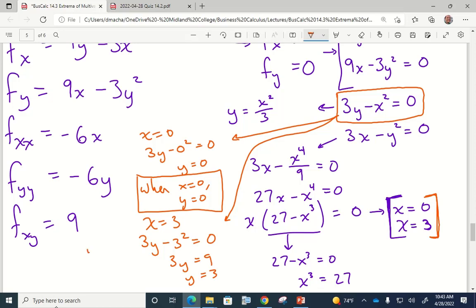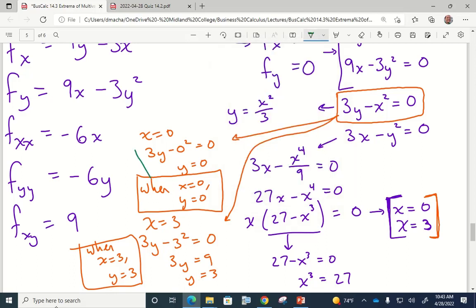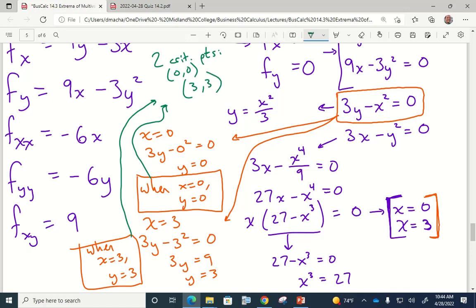So in other words, when x is equal to 3, then y has to be equal to 3 as well. And so based on these two things, I find that I have two critical points. One when x is 0 and y is 0, and I actually have another critical point when x is 3 and y is 3.